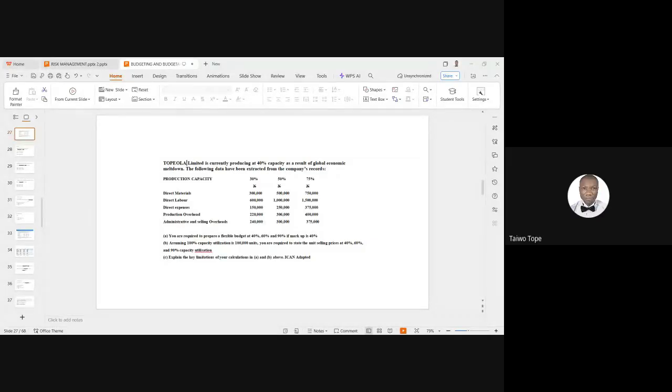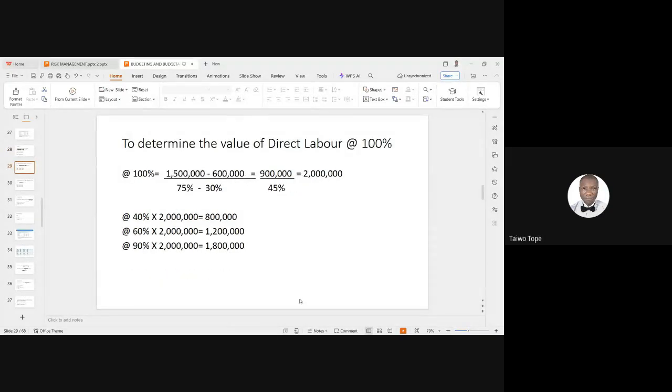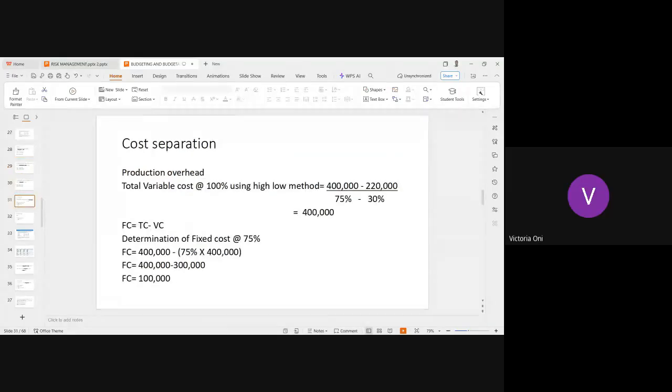No, ma'am. Variable cost at 75% is 300,000. That 100,000 is the fixed cost. So what we are trying to show is that fixed costs will always remain constant at every activity level.